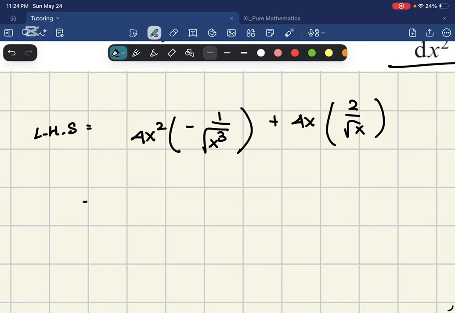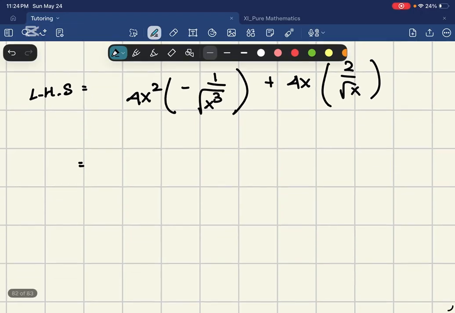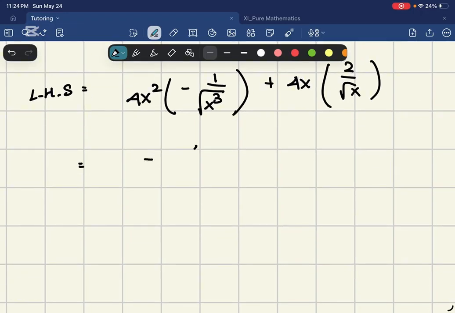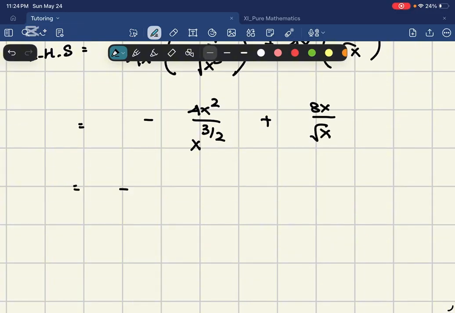So now let's try to simplify this. You have negative 4x squared. In the denominator, you have x to the power 3 over 2. And here you have 8x in the numerator. In the denominator, you have square root of x. So if you simplify this, you are going to get 4 root of x plus 8 root of x. Right?